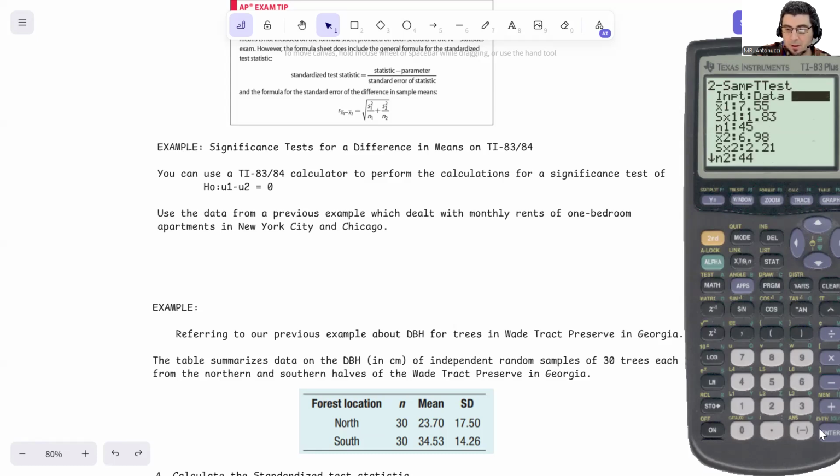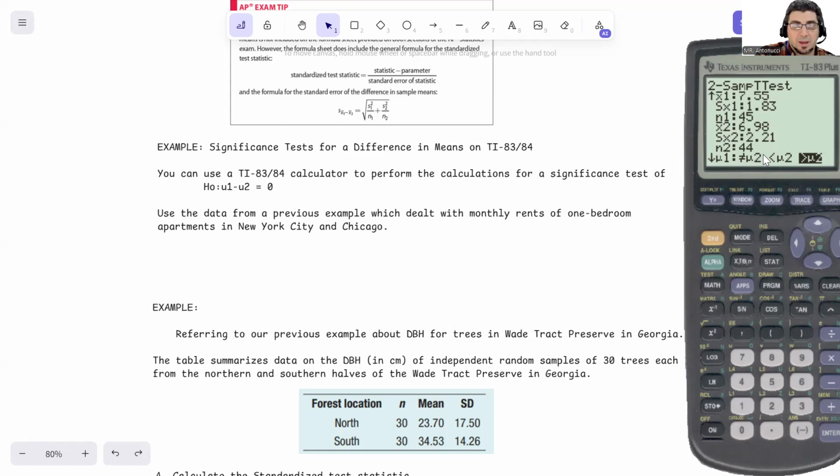In this case, you can either put in the raw data if you have the individual values, which we originally did, but then we calculated the summary statistics for those rentals. So we have the mean and standard deviation and sample size for sample one. You would enter those summary statistics. Enter in each of those.